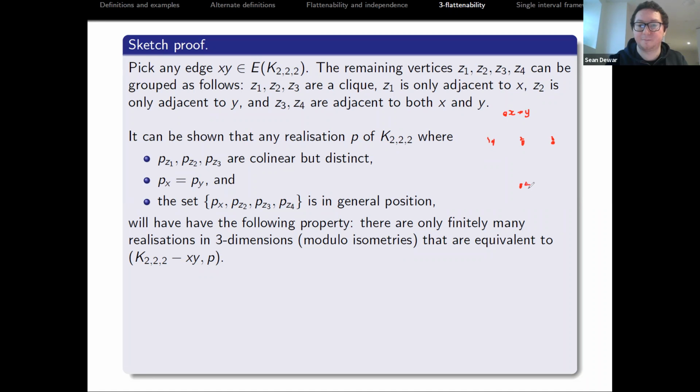So you can picture these in some plane and X and Y being in the third dimension. Okay.